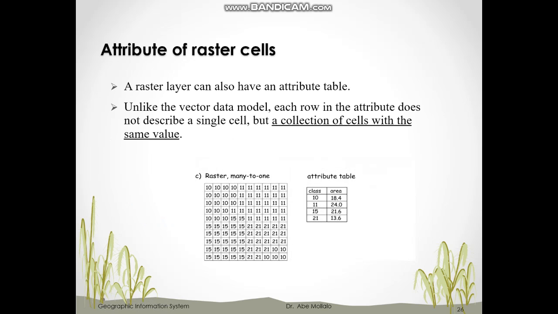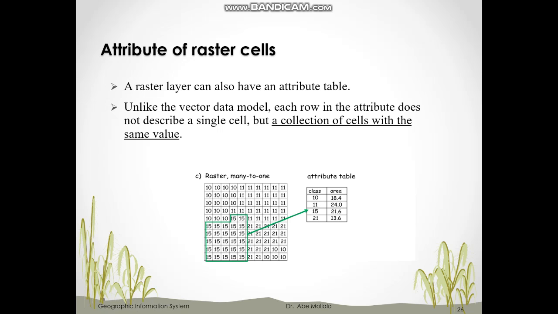So in the vector data model, like a shapefile, for each feature we had one record or one row in the attribute table, right? But in the raster data model, each row in the attribute table does not describe a single cell on the map or image. Each row in the attribute table for the raster is a collection of cells, which is the total number of the cells with the same value.